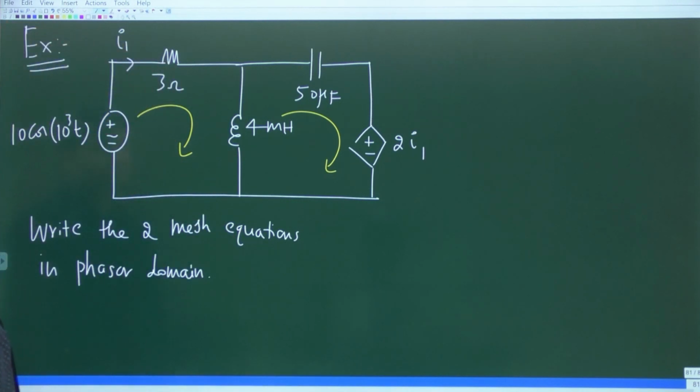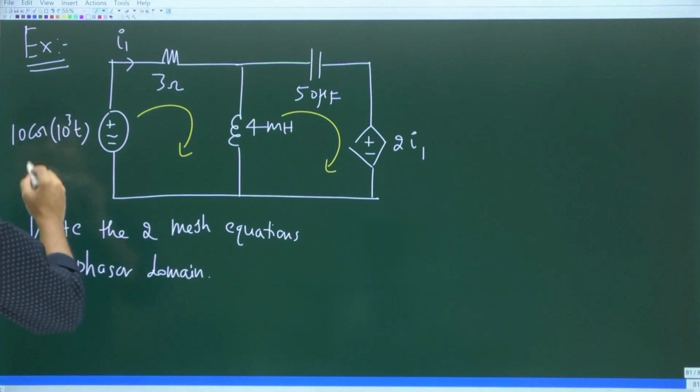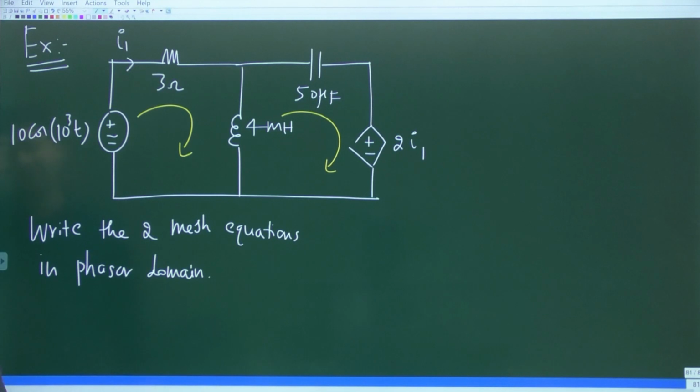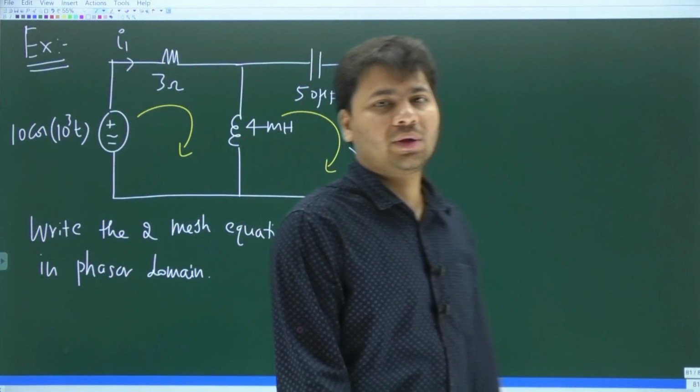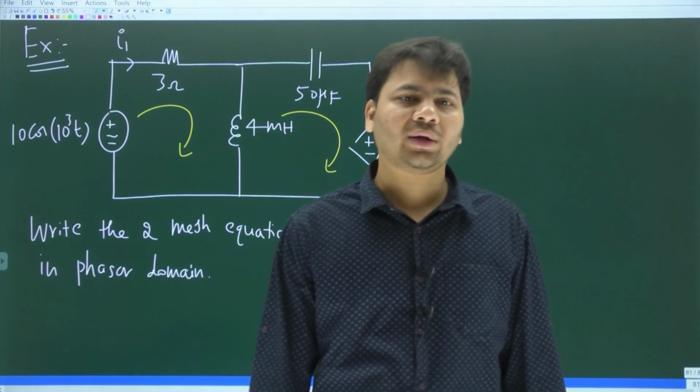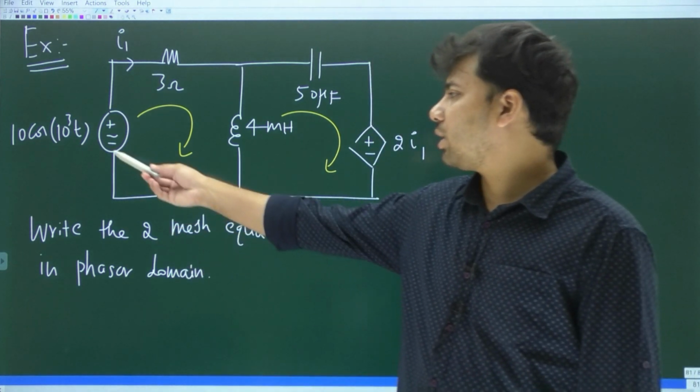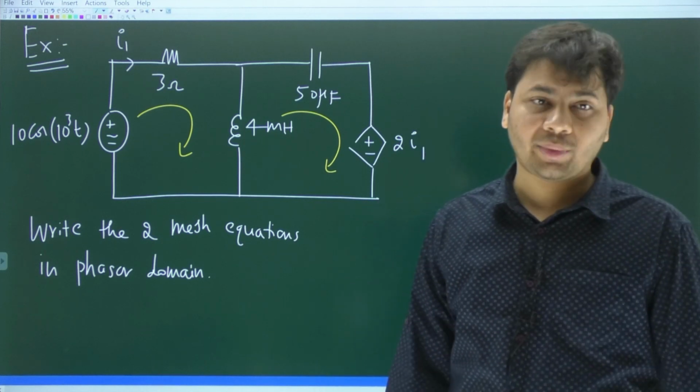First of all, what is the frequency of operation? If you look at the only independent source connected to the circuit, is it not 10 cos 10^3 t? Yes, the only independent source connected to the circuit is 10 cos 10^3 t. In general, the source would be 10 cos omega t.